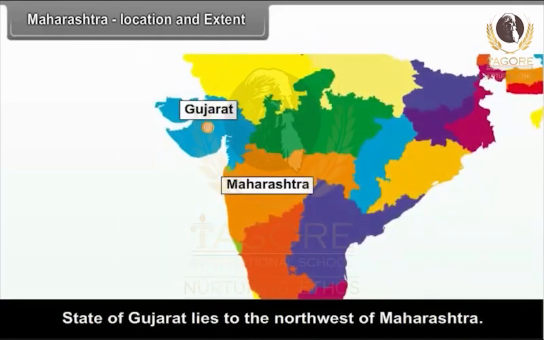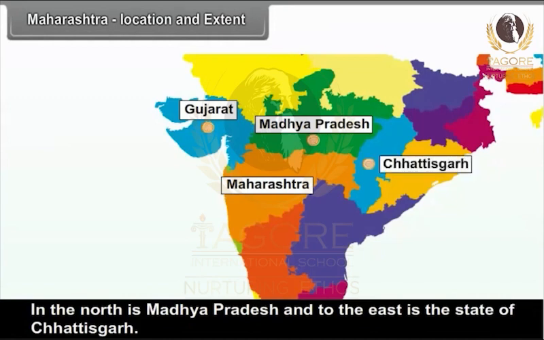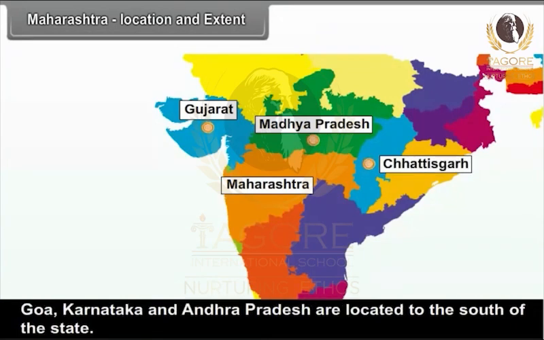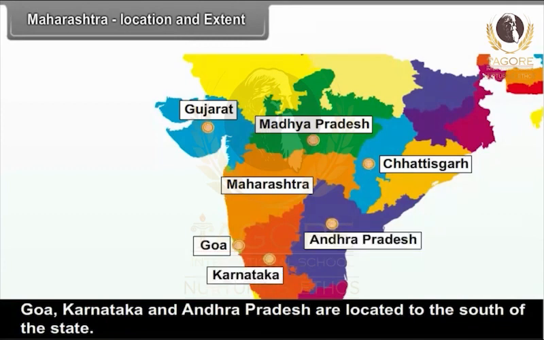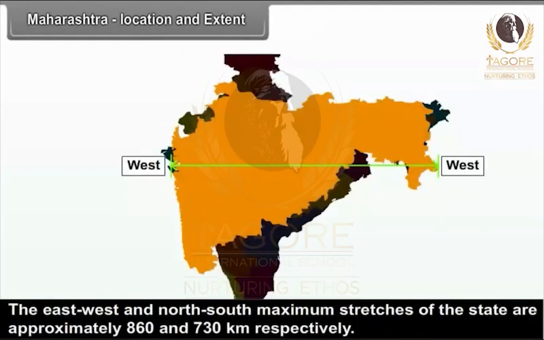The state of Gujarat lies to the northwest of Maharashtra. In the north is Madhya Pradesh and to the east is the state of Chhattisgarh. Goa, Karnataka and Andhra Pradesh are located to the south of the state. The east-west and north-south maximum stretches of the state are approximately 860 and 730 kilometers respectively.